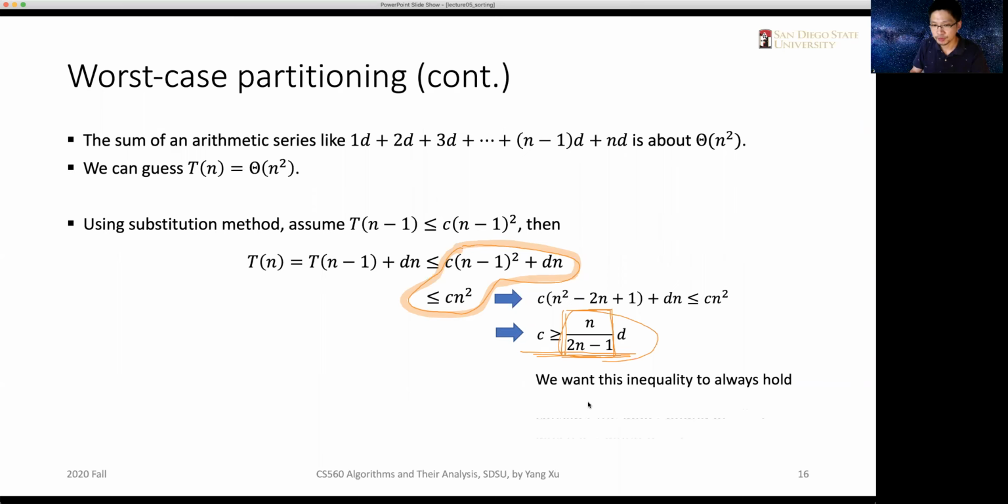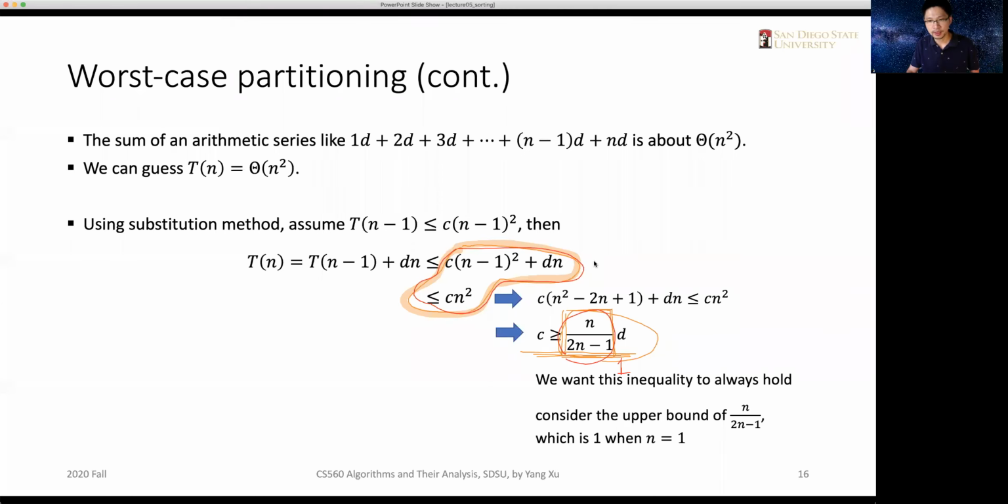And when n equals 1, the upper bound of the function is reached, which is 1 over (2-1), which is 1. So the maximum value of this coefficient is 1. As long as c is greater than 1 times d, then this inequality is always true.